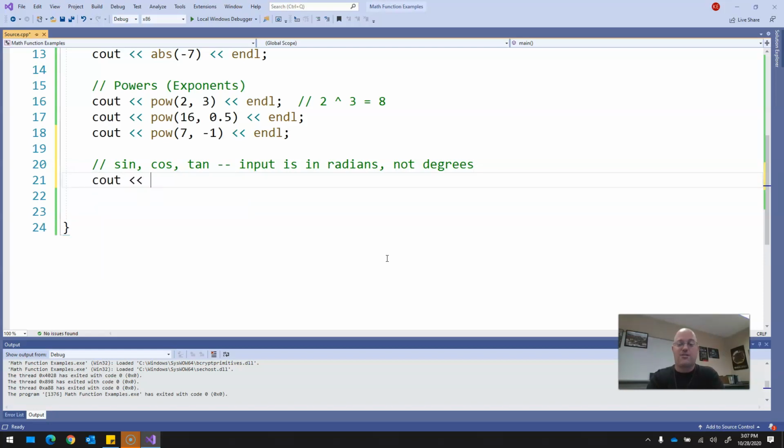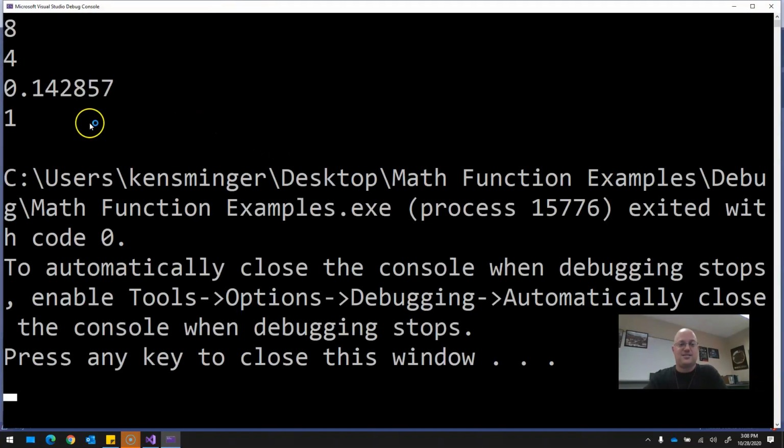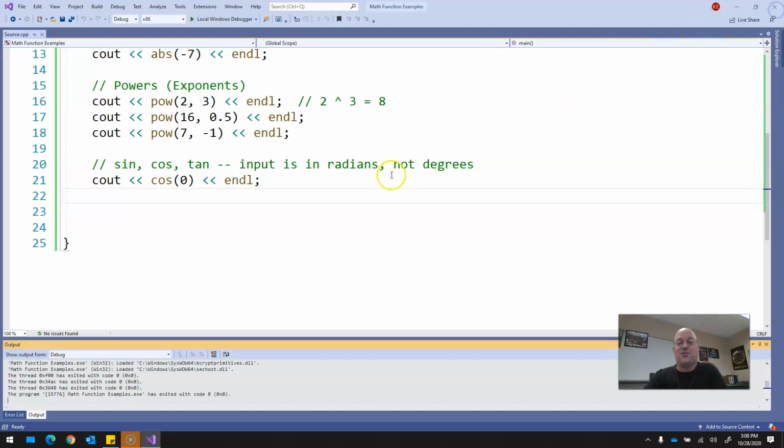For those of you that are in those classes, just to kind of throw something out, if I do something like, what is the cosine of, and then let's say I do 0, of course on the unit circle, 0 degrees, 0 radians, cosine is the x-coordinate, so that should give you, when I run it, should mean 1. Again, if you don't know why that is, then you're not in pre-calc or trig yet. Or you just didn't pay attention. So you should pay attention.